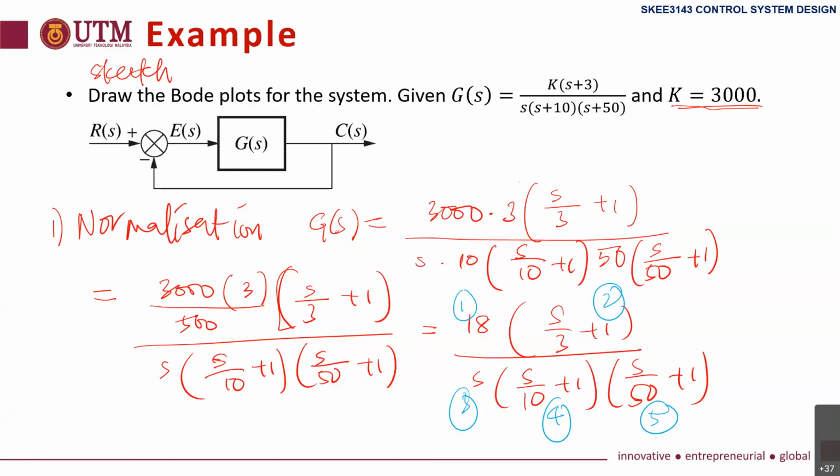Before the break, we looked into this problem in which we want to sketch the Bode plot. First we have to do normalization, and then we have 5 components, and we have to plot each component. Finally, we have to add all the components for magnitude and also for the phase angle.